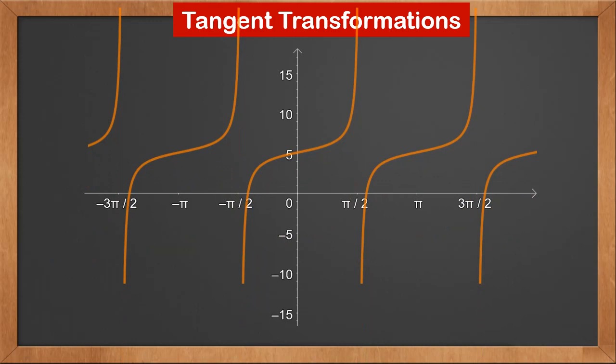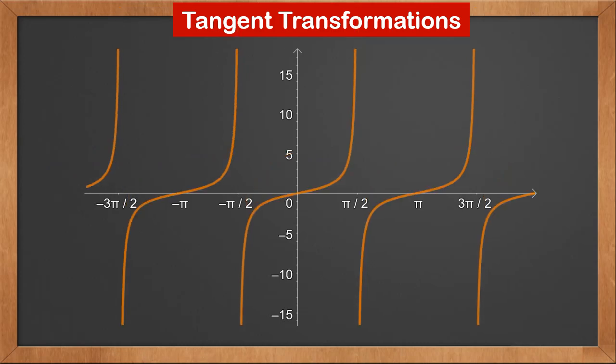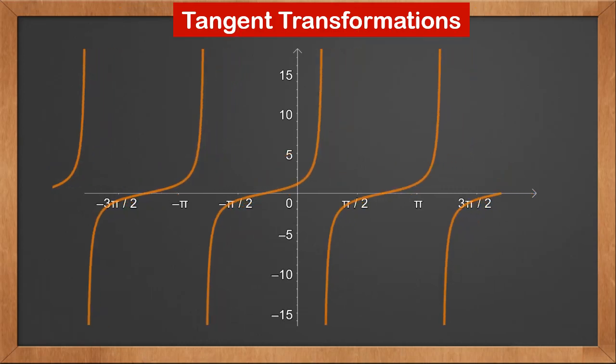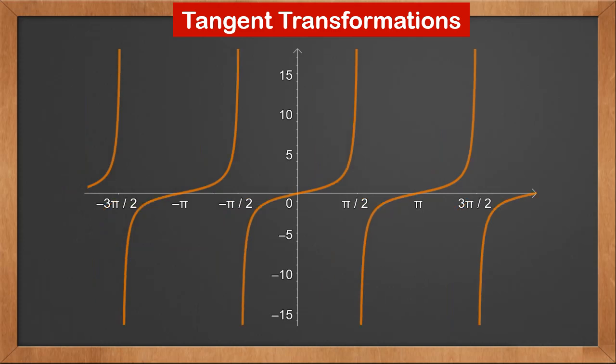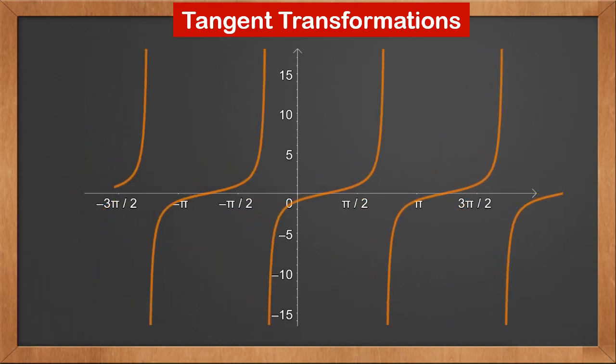If it moves up by 5, it becomes tangent x plus 5. If it moves left by quarter pi, it becomes tangent x plus quarter pi. If it moves right by quarter pi, it becomes tangent x minus quarter pi.